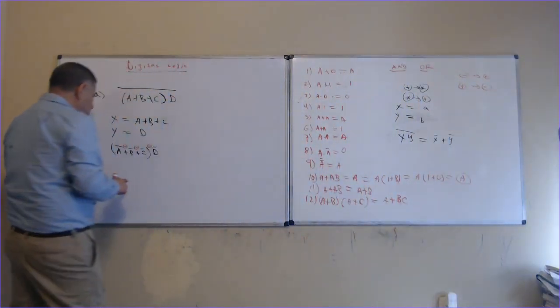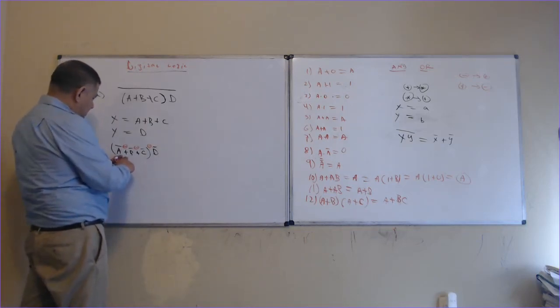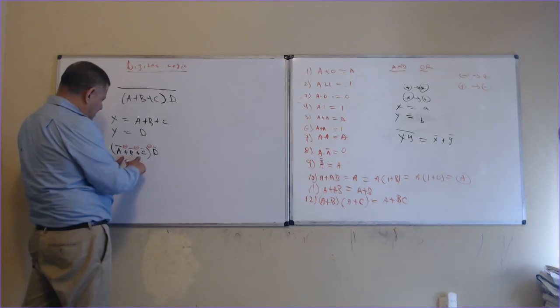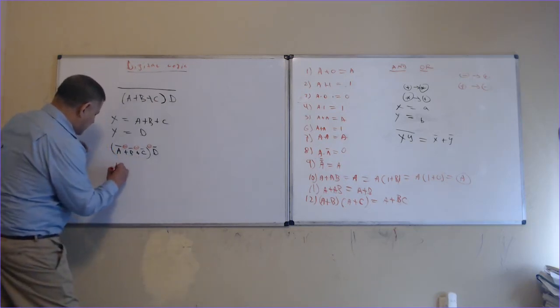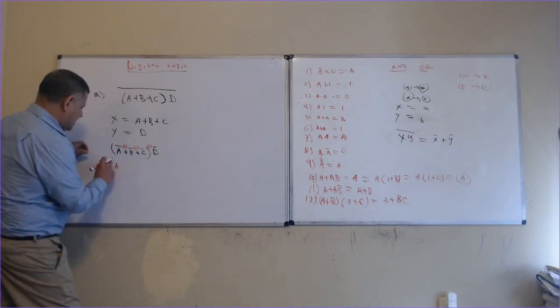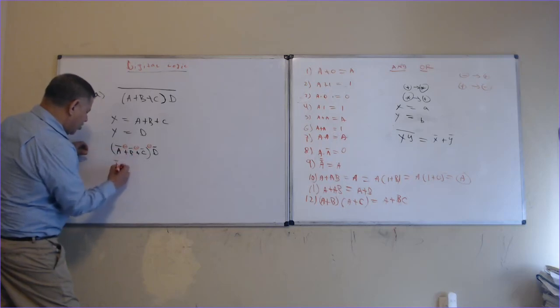So now what I will do is change this. If I see a plus in the middle over here, I need to change that to what? A, A bar, plus, and the plus becomes what?